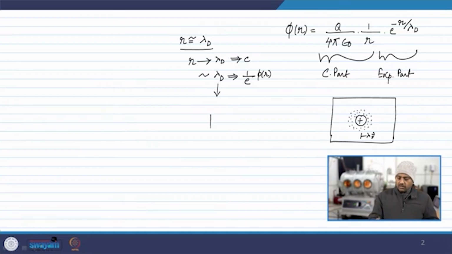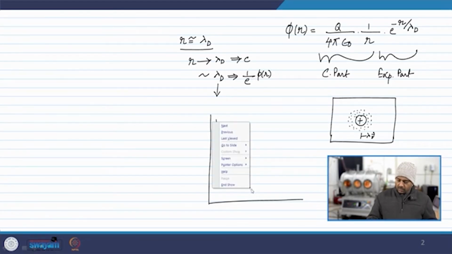So, in essence, we have drawn this curve which explains how the potential will decrease. It will be 1 by r for some time and then it will decay very fast like this.